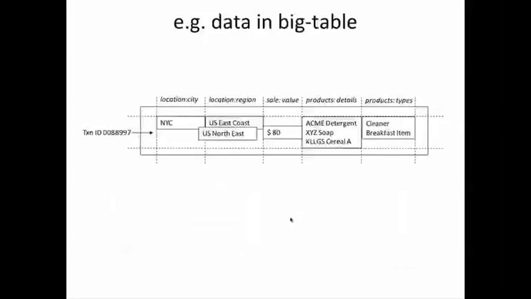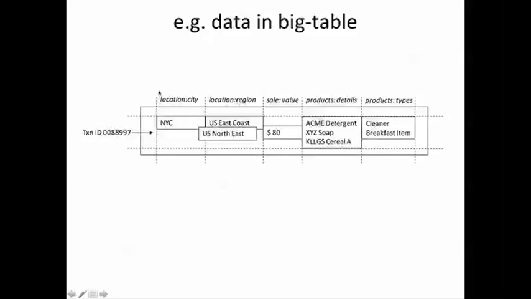Let's take a look at what data in a Bigtable looks like to get a feel for how it works. The row is indexed by some key, for example, the transaction ID if one is storing sales transactions. Different column families can have multiple columns within them.